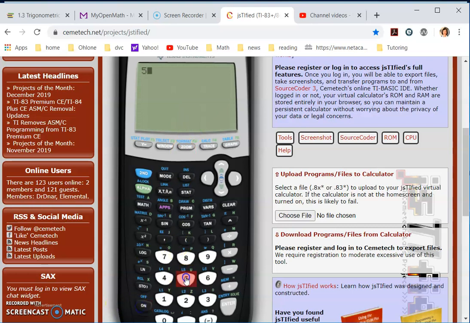Turn it on. 500 times, where's our e? e is here, e to the power 0.025 times 15, all in the exponent. Okay, so this would give us the final amount of 727.4950.